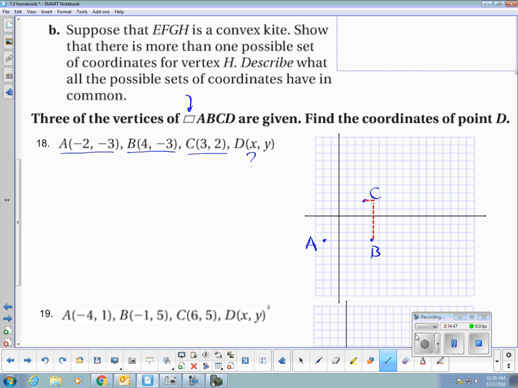I went up 1, 2, 3, 4, 5, and over 1. So I'm going to do the same thing here: 1, 2, 3, 4, 5, and over 1. And so my first location can be right here. So that's one of my locations for point D.